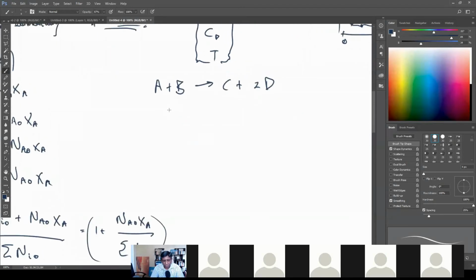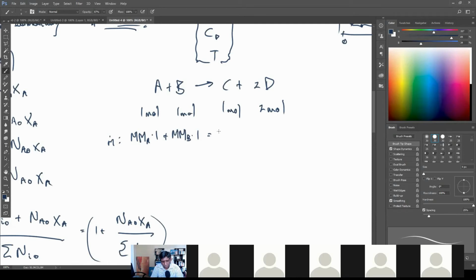If we think about using 1 mole of A reacted with 1 mole of B, then that gave us 1 mole of C and 2 moles of D. If we wanted to know the masses involved, then we could say the molar mass of A times that 1 mole plus the molar mass of B times its 1 mole must equal the mass that we had afterwards, since we can't create mass.